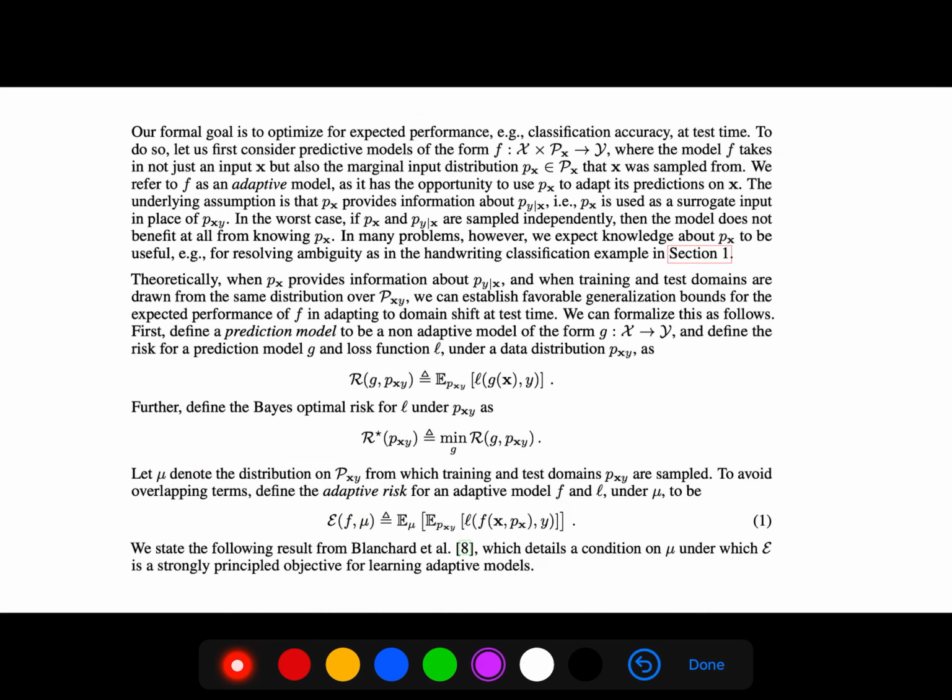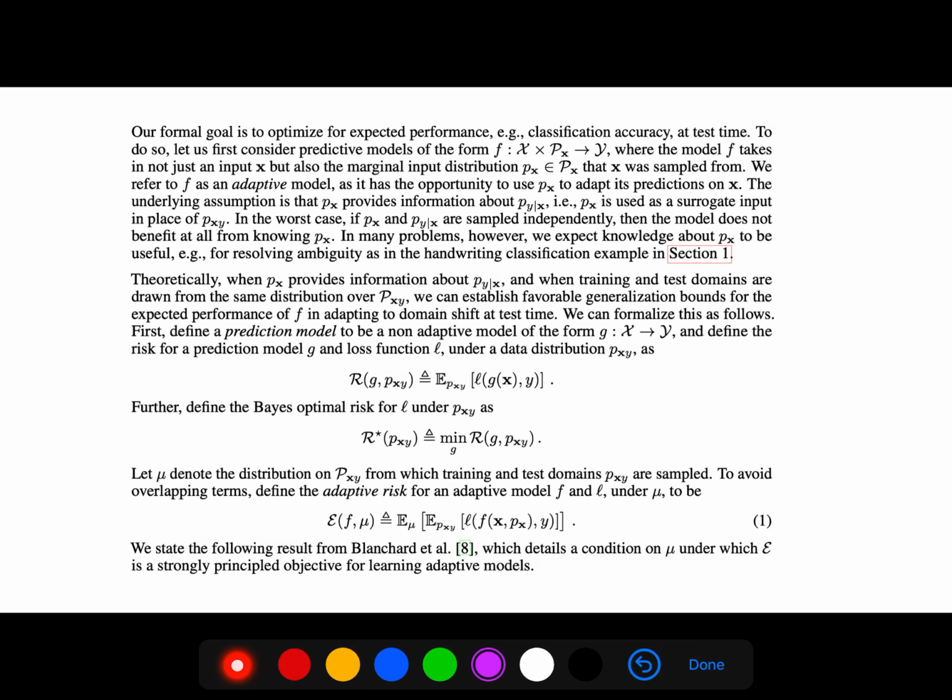So, our formal goal is to optimize for expected performance, for example, classification accuracy at test time. To do so, let us first consider predictive models of the form F, where the model F takes in not just an input x, but also the marginal input distribution that x was sampled from.